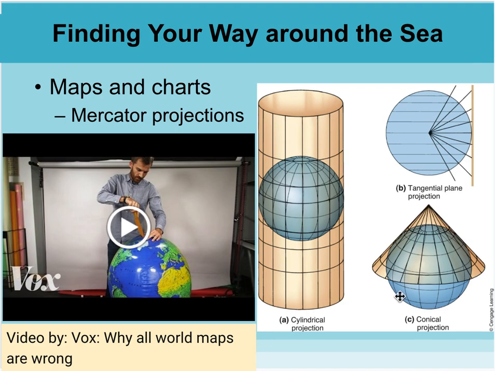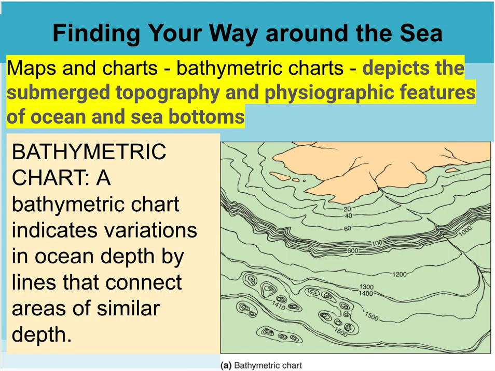I could talk to you about it forever, but honestly, I just recommend the visual aid of the video explaining how they tried to make all these different types of flat maps and globes, and why no matter what you do, all maps and charts are wrong. It's a really difficult thing to do. Okay. But going back to bathymetric charts, I want to talk about the difference.